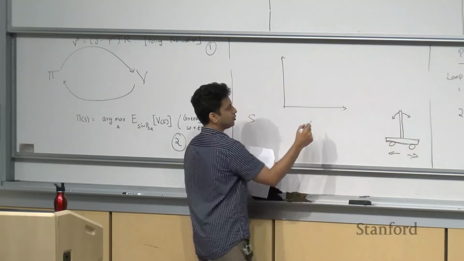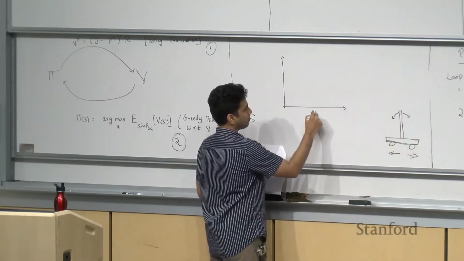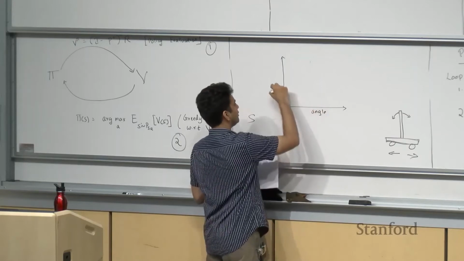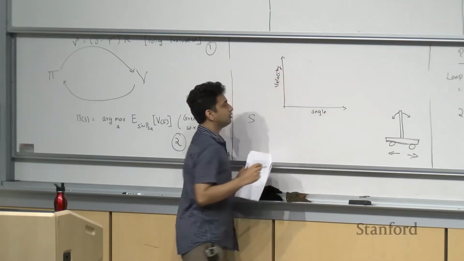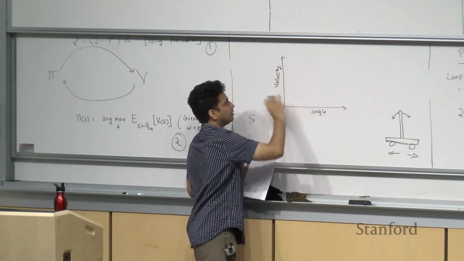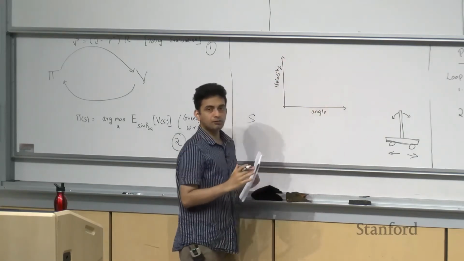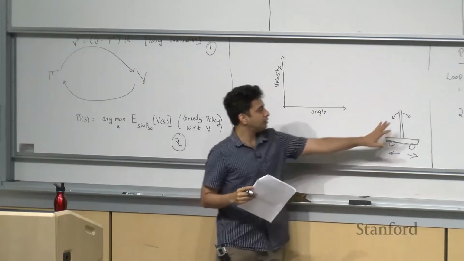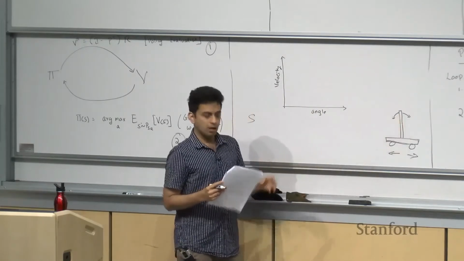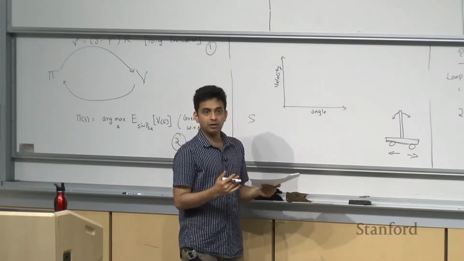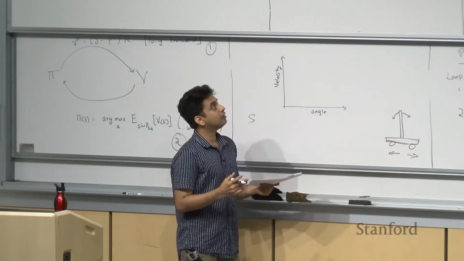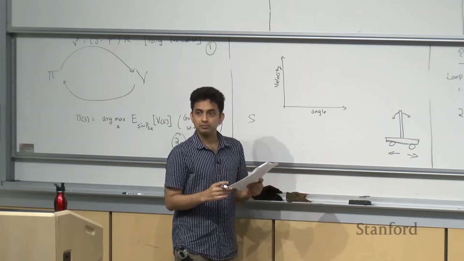So assume we have angle and velocity, right? This space represents the set of all states that the system can be. However, the algorithms that we've studied so far are all designed for finite states and finite actions, right?